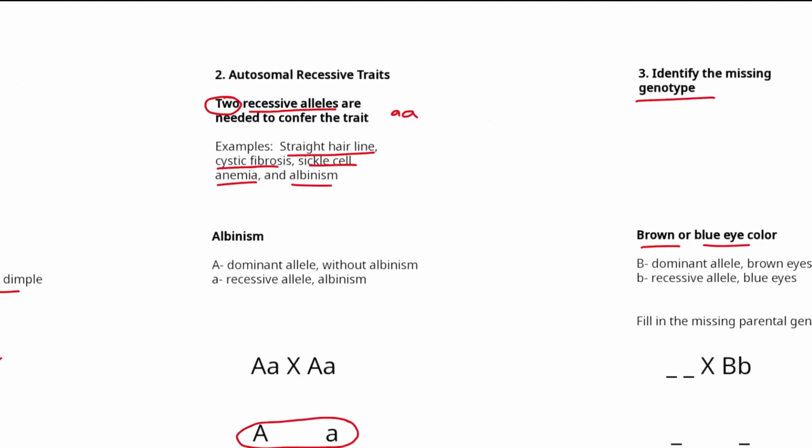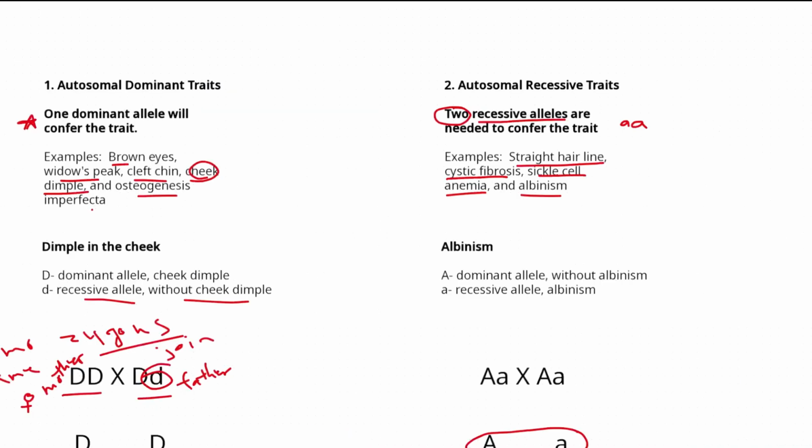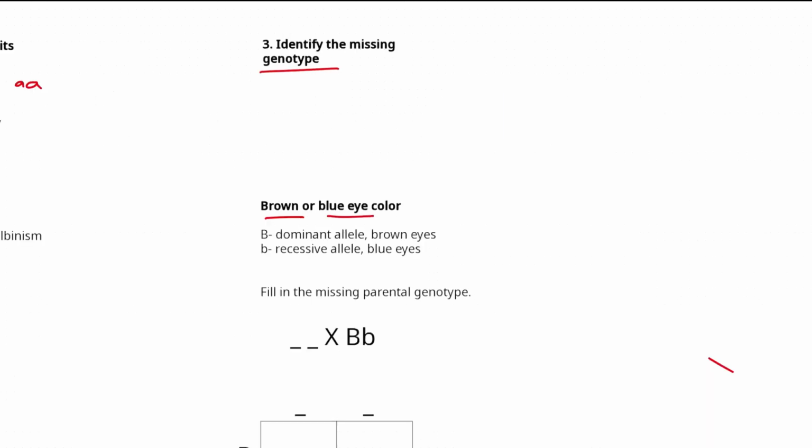So brown eyes, that's a dominant trait, okay? So knowing that brown eyes is a dominant trait, we have our key here. Capital B is the dominant allele for brown eyes, little b, the recessive allele for blue eyes.